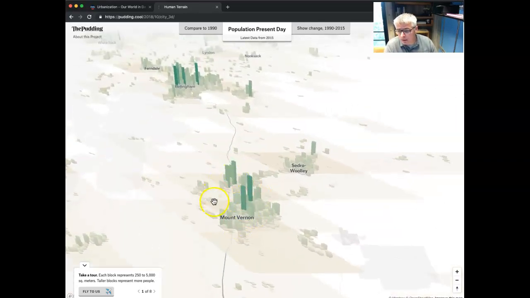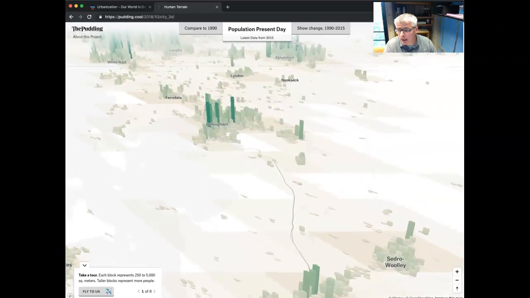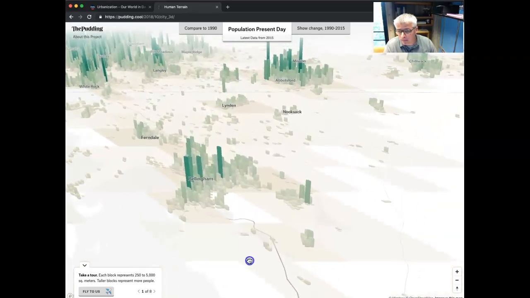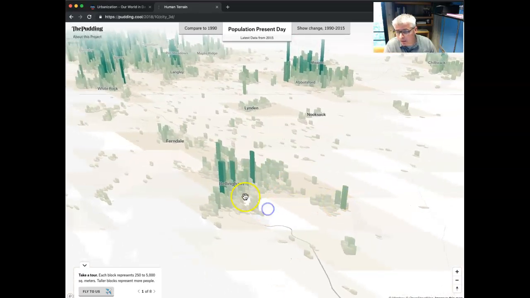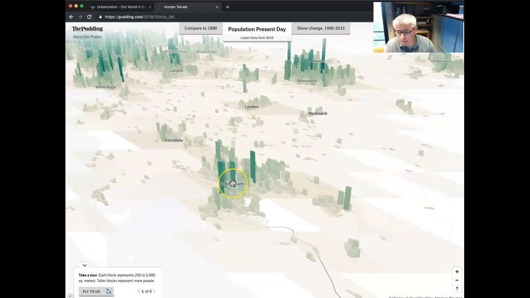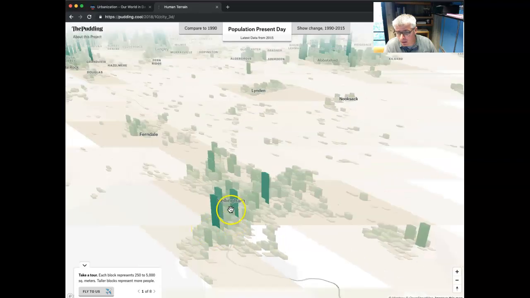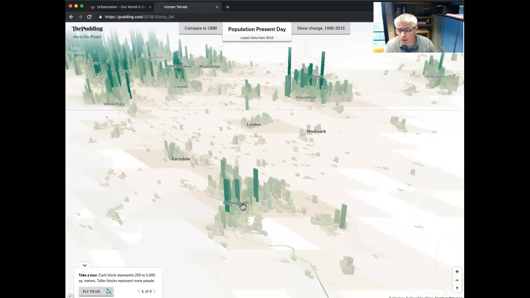Mount Vernon has a sizable population. This is kind of cool. Like you can imagine driving north. See Bellingham, Sudden Valley, high density populations. Bellingham, Ferndale, Lummi Reservation. And here our highest populations are, kind of near the university and some of the other areas.